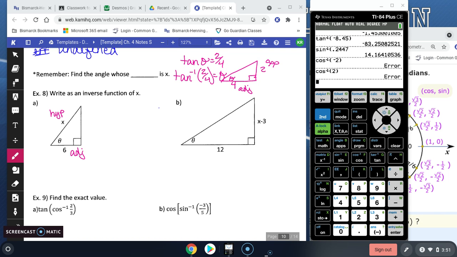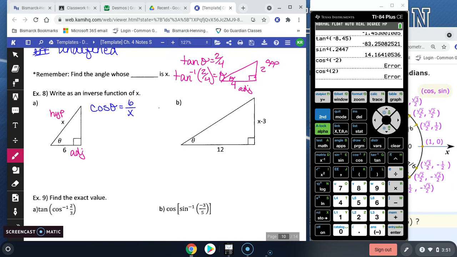All right, we're going to do the same thing with example 8. If we have adjacent and hypotenuse, that is cosine. So we could say cosine of theta is my adjacent side, 6, over my hypotenuse x.